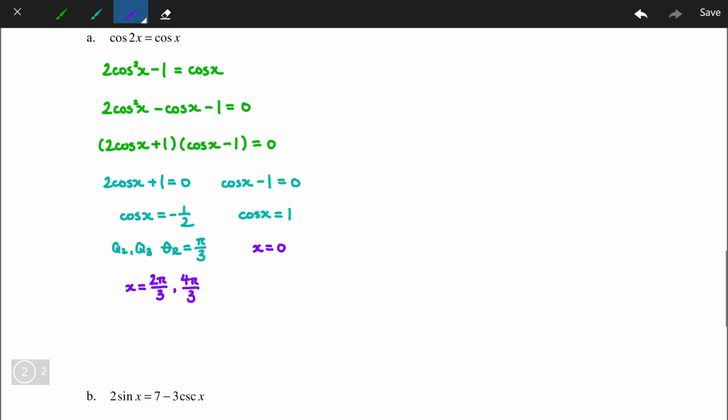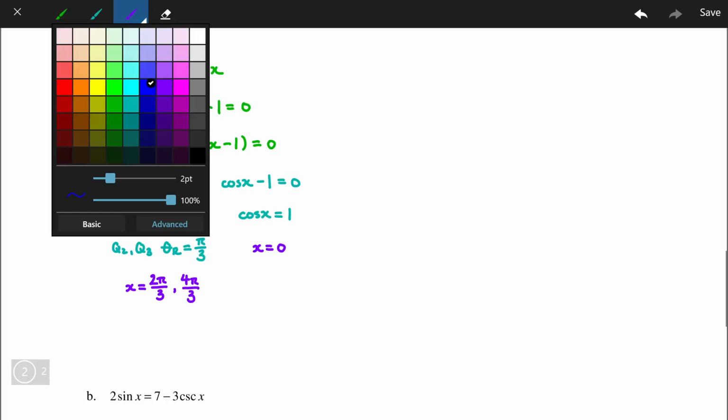Right, so we found the solutions from 0 to 2 pi, but it does say to have general solutions. So for general solutions, we are to add the period to each of the solutions.